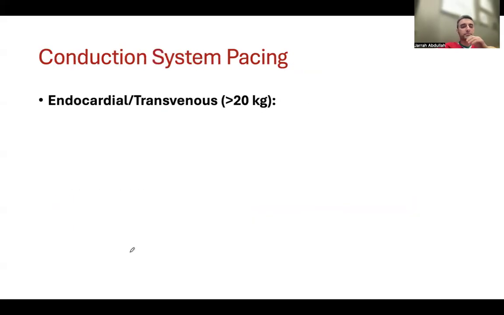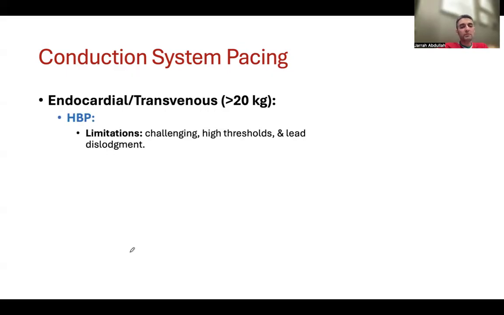Anyways, when you are doing conduction system pacing, which, like we said, is only possible endocardially and hence transvenously, usually the patient should be above 20 kg. With His bundle pacing, it's limited because it's challenging; the His bundle is a small piece of tissue, and you have to implant the lead directly into it.